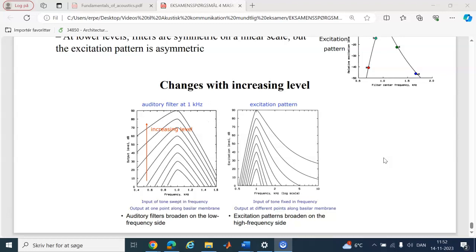Now, first, auditory filters at 1 kilohertz with an increasing level. The input is a tone swept in frequency, with output at one point along the membrane.